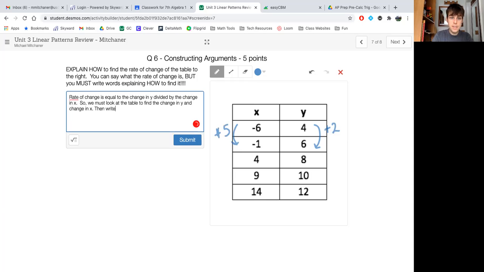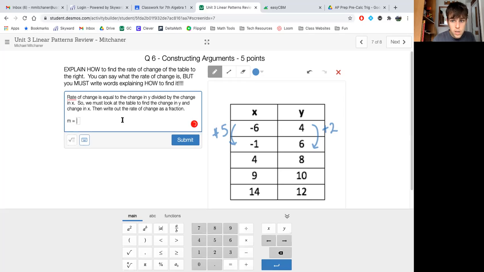Then write out the rate of change as a fraction. There we go. And we can even show this. So m equals change in y is 2 over change in x is 5.